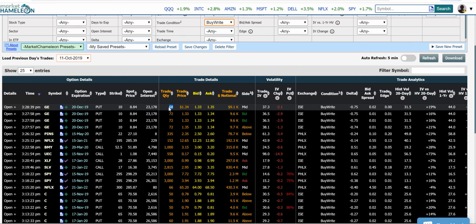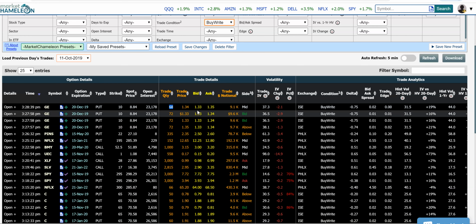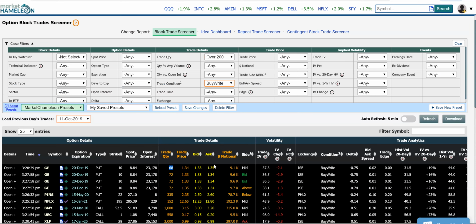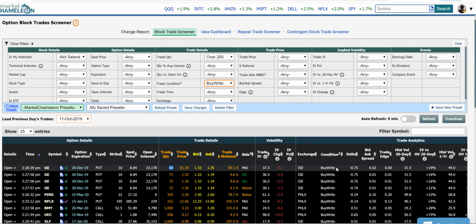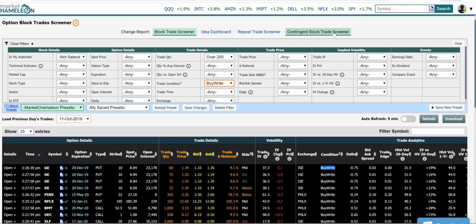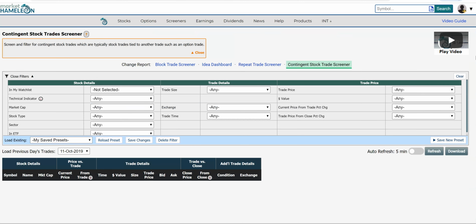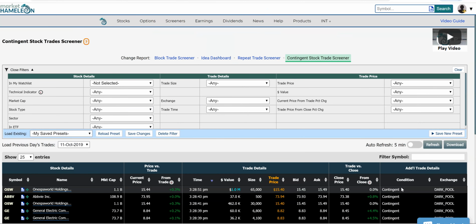It could be a delta neutral trade. So there's 68 contracts here. That doesn't mean there's 6,800 shares in the stock component. It could be less, it could be more. And really, how to match that up is you want to go to the contingent stock trade screener. Whenever there's a buy right, that means there's a stock contingent. So if you go over here, these are all the contingent trades.